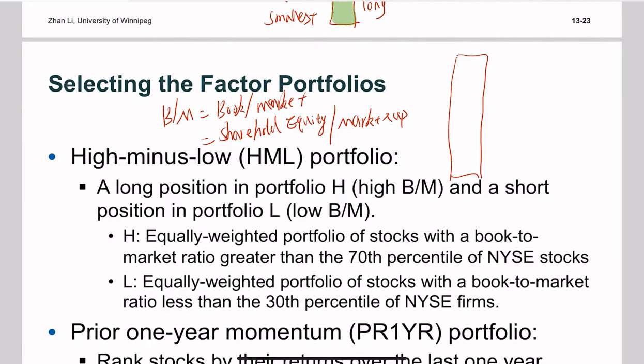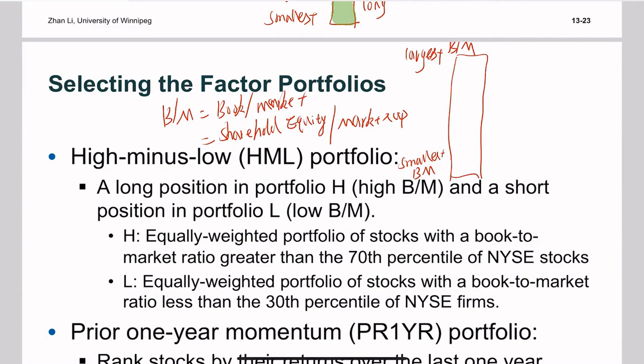And we know that according to the BM ratio, if you have a large BM ratio, right? So we would rank these stocks from the largest BM ratio to the smallest BM ratio. And we know that if a stock has a high BM ratio, then it is considered a value stock.